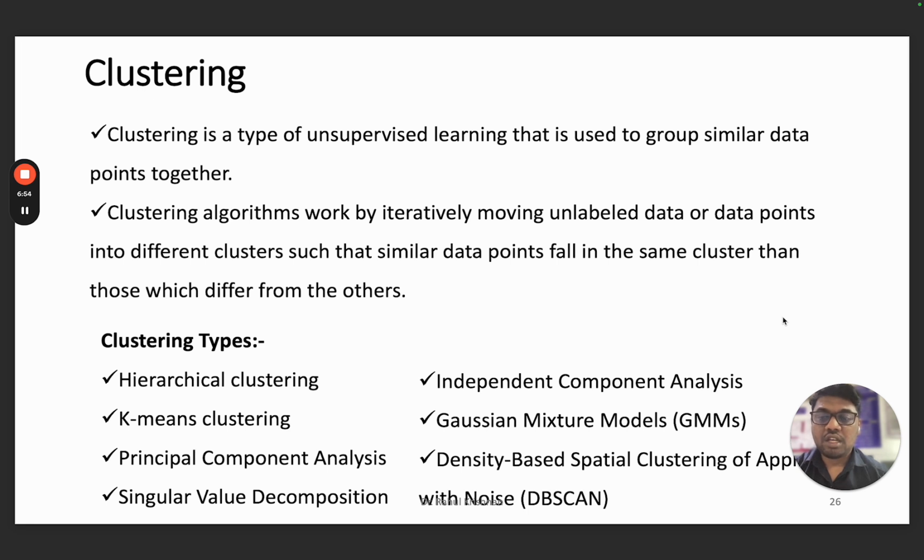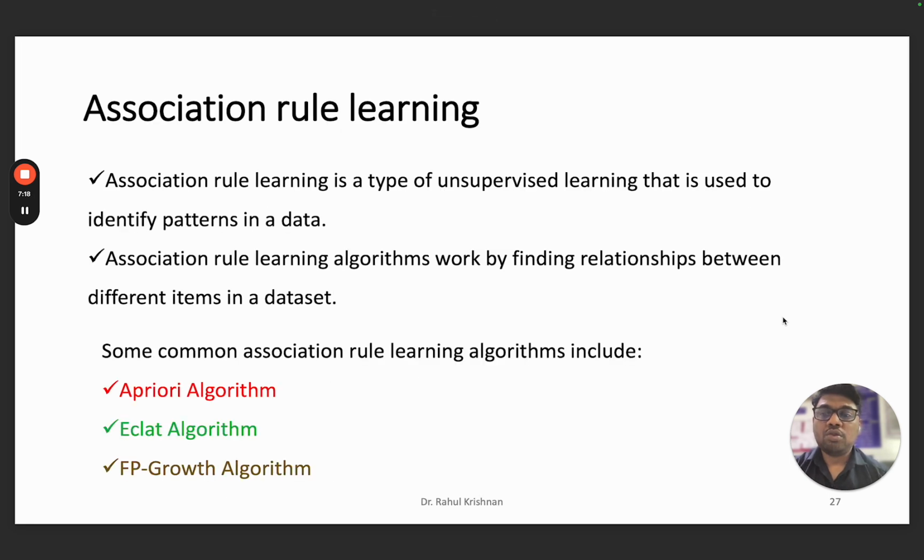There are different clustering algorithms used in unsupervised machine learning: hierarchical clustering, K-means clustering, PCA (principal component analysis), GMM (Gaussian mixture models), DBSCAN, and SVD (singular value decomposition). Coming to association rule, it is again a type of unsupervised machine learning used to identify patterns.